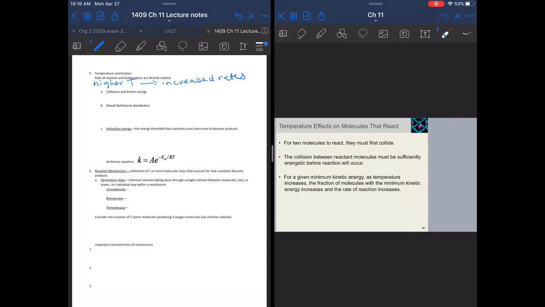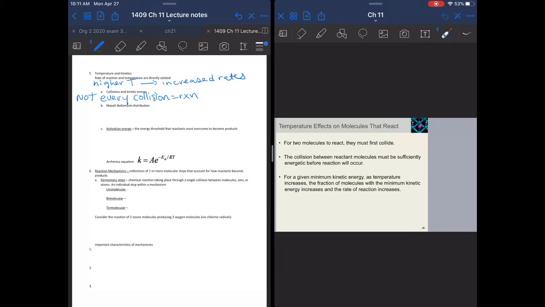So when we think on a molecular level, what must be true for a reaction to happen? Well, if two molecules are going to react with one another, they have to come into contact. They have to collide. But not every collision, and this is important, not every collision will result in a reaction.